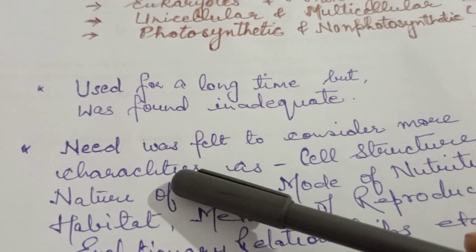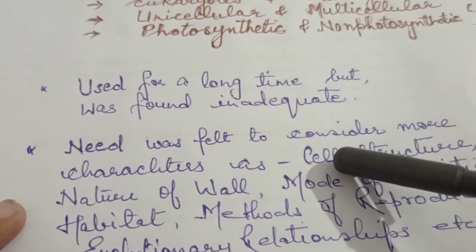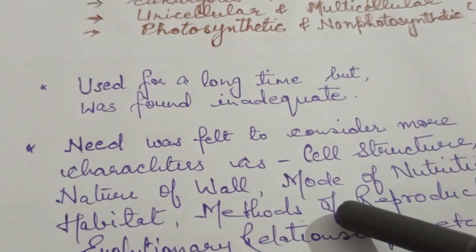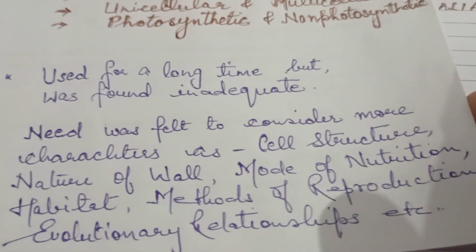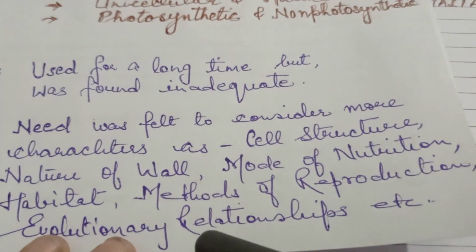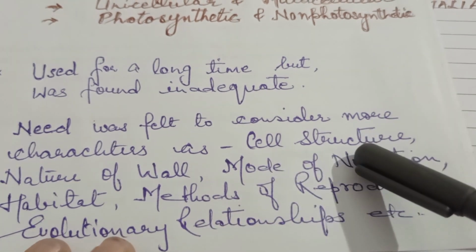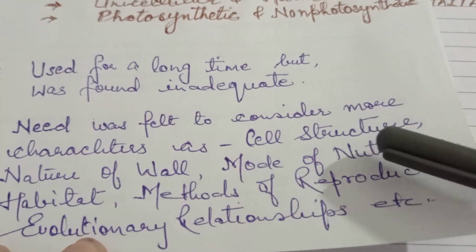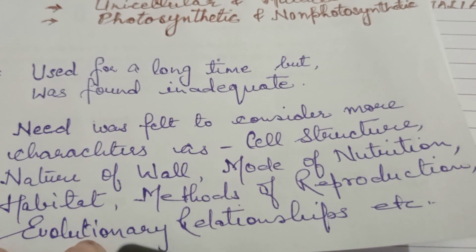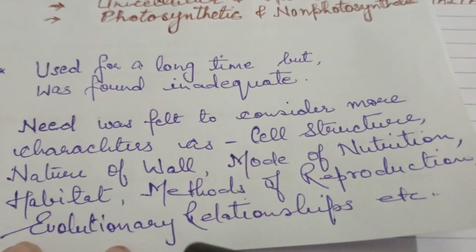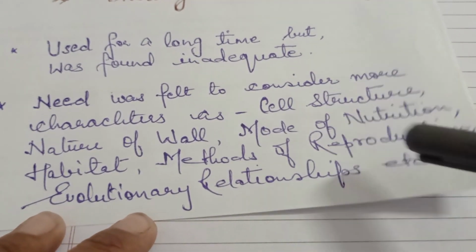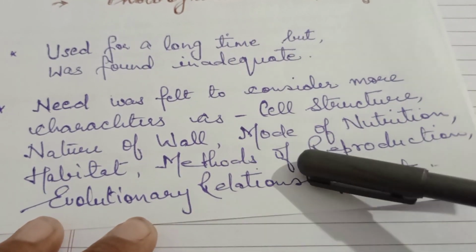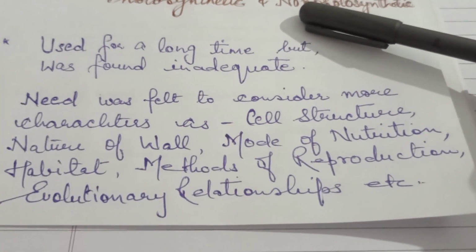A need was felt to consider some more characters, characters which made living organisms complex, such as cell structure, nature of cell wall, mode of nutrition, their habitat, their methods of reproduction, their evolutionary relationships, etc. All these characters were considered because of the limitations we saw above.